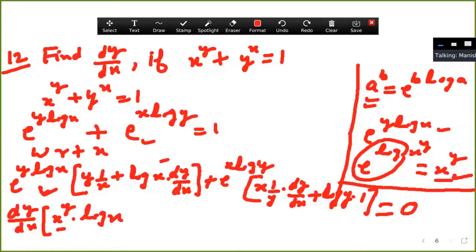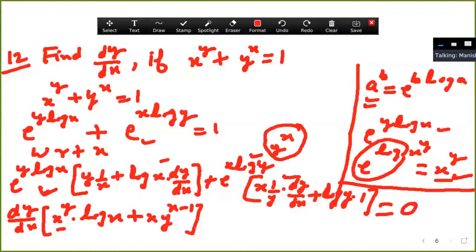Now the second term will be x into y to the power x minus 1. This statement becomes y to the power x, and when you multiply it inside, this y power is solved with this, that is y to the power minus 1.